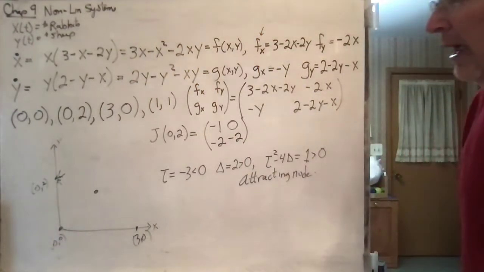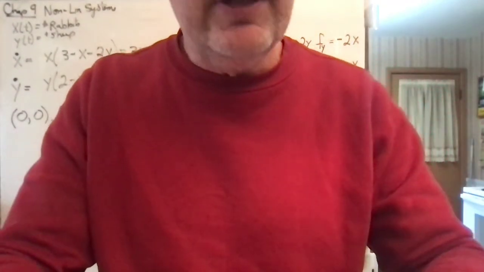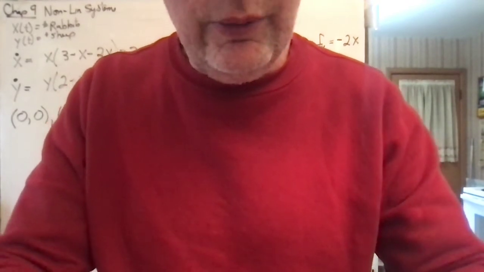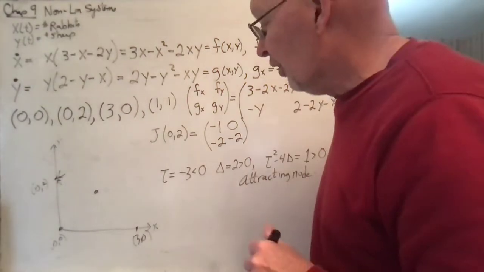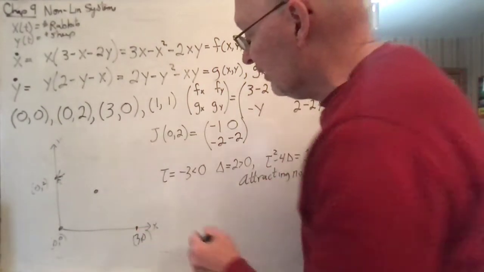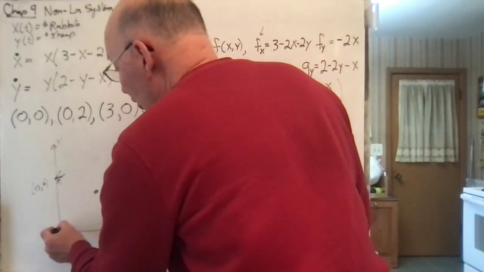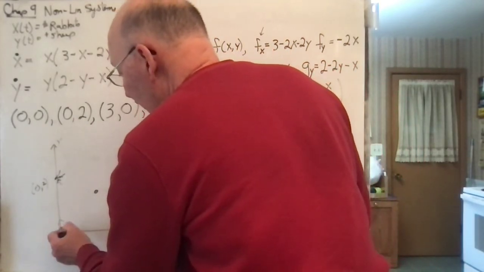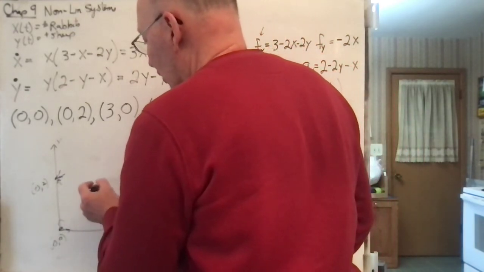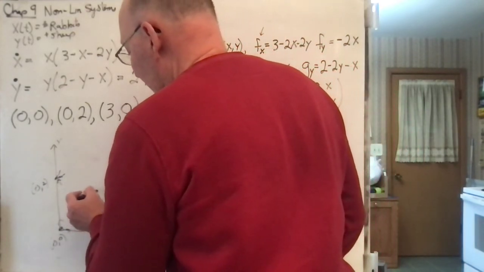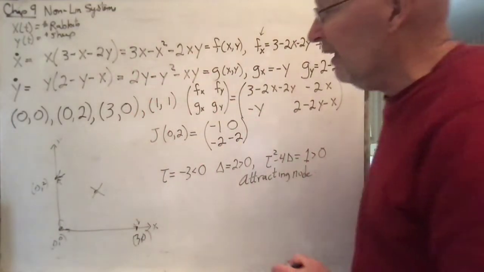Okay? And let's see, I won't spill, well, maybe I will spill the beans here. Once you read it, this is what you're going to find. Let me just make sure that we're still connected. Yeah. You're going to find that this is another attracting node. This is a repelling node here. It goes off like this. And this one right here is a saddle point. And those two eigenvectors look kind of like that.